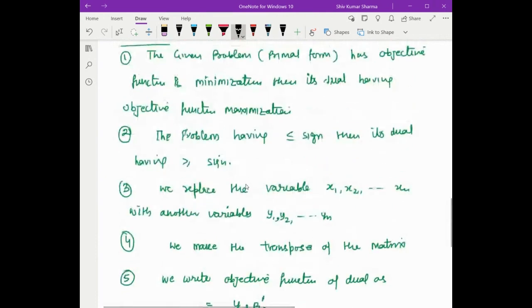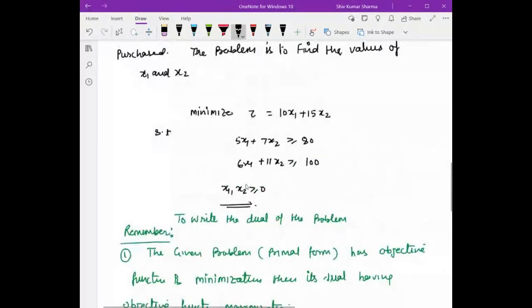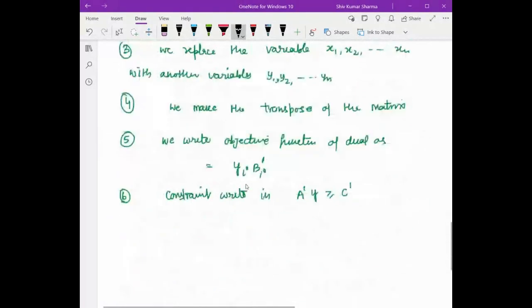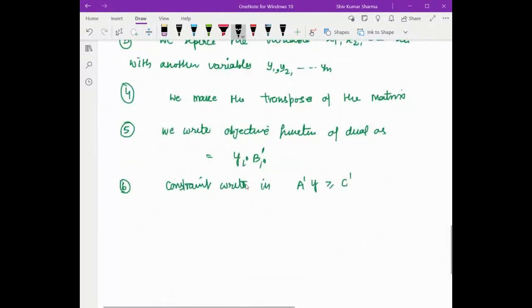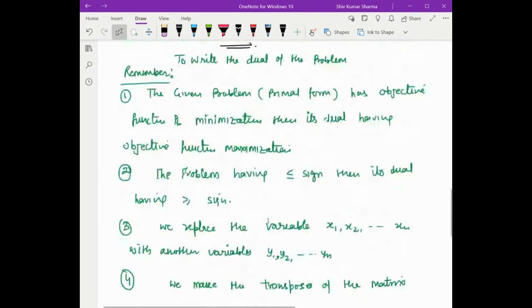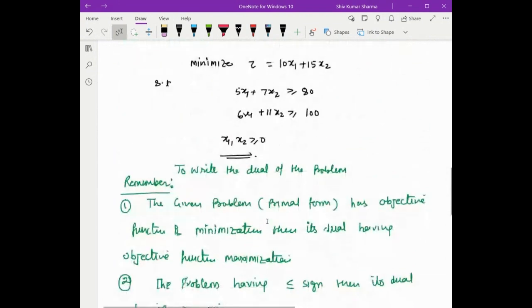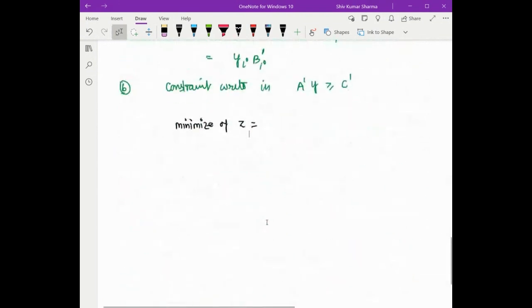So we take the first problem. This problem we write as minimize of z, minimize z equal to 10x1 plus 15x2.